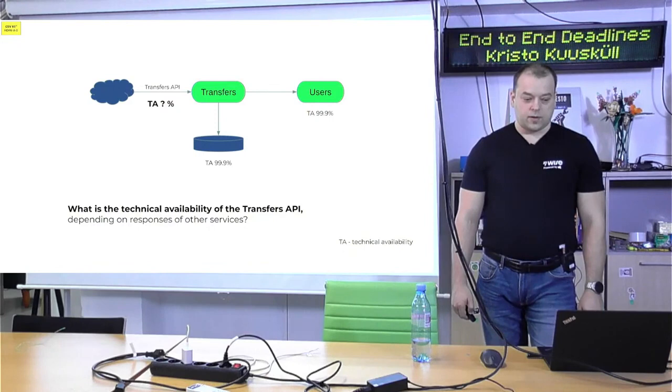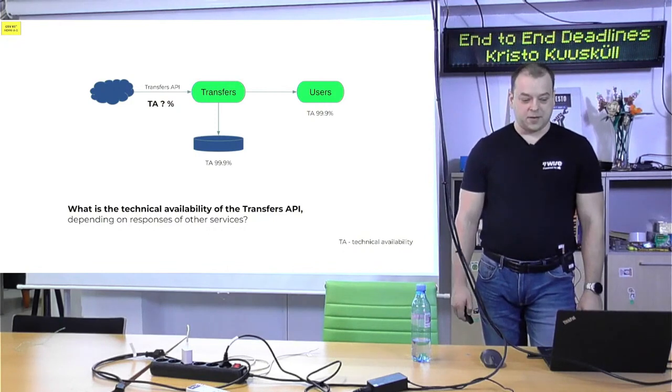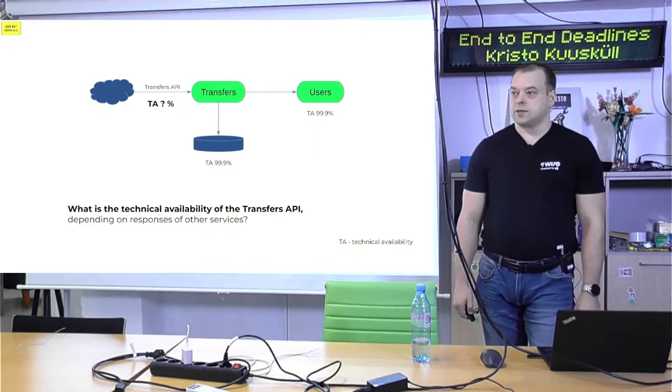And if the user service's technical availability is 99.9%, classical 3 nines, and database availability is also the same, what will be the availability of the transfers API endpoint? Just think about it a little bit.